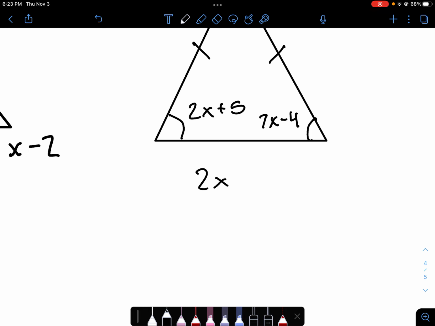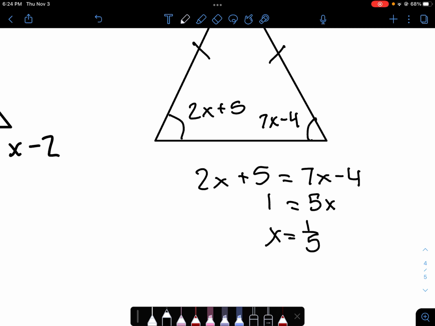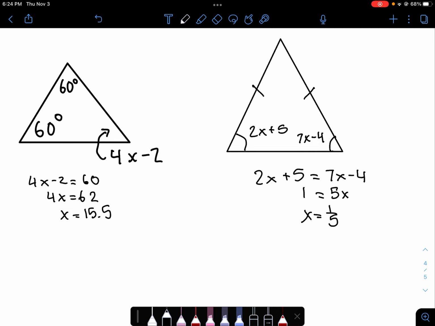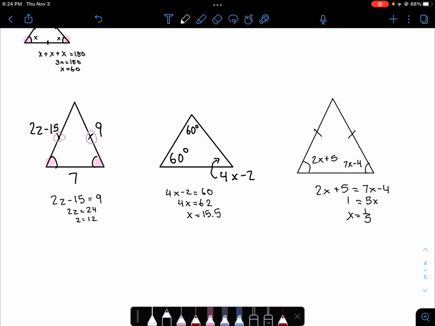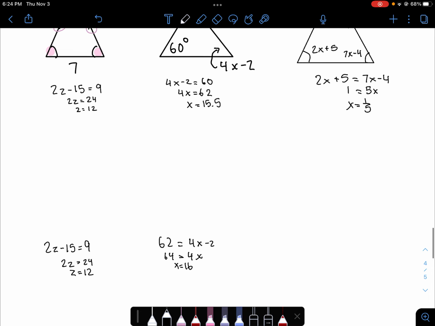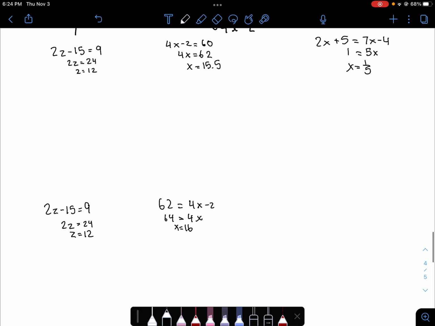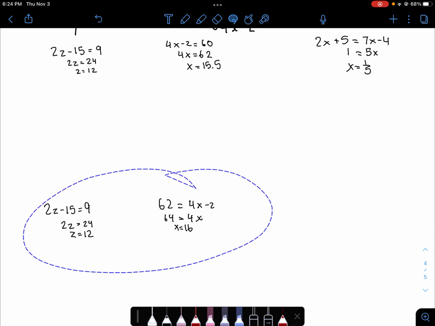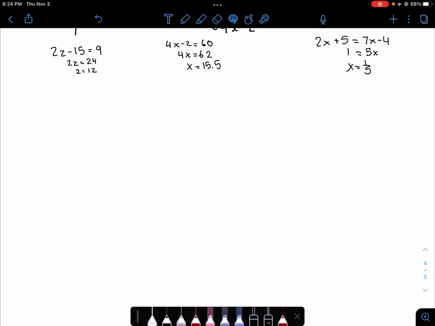You would just solve because you know the base angles are equal to each other, and that's the only idea you need to have. So that's really the point of these exercises, and this is the rough idea you will have. And see, that's some of my work that we're not going to talk about.